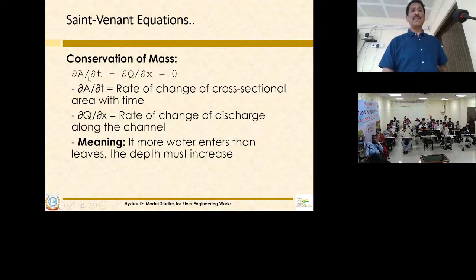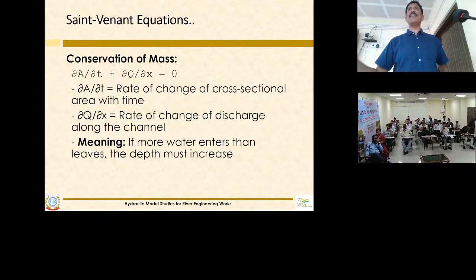And this is the mathematical representation. Basically, what I have told is that this is the change of the cross-sectional area, meaning the change in the storage. What is coming in and going out, the difference, gives the rate of change of discharge. If the discharge coming in and out is the same, no change will take place in the storage area.